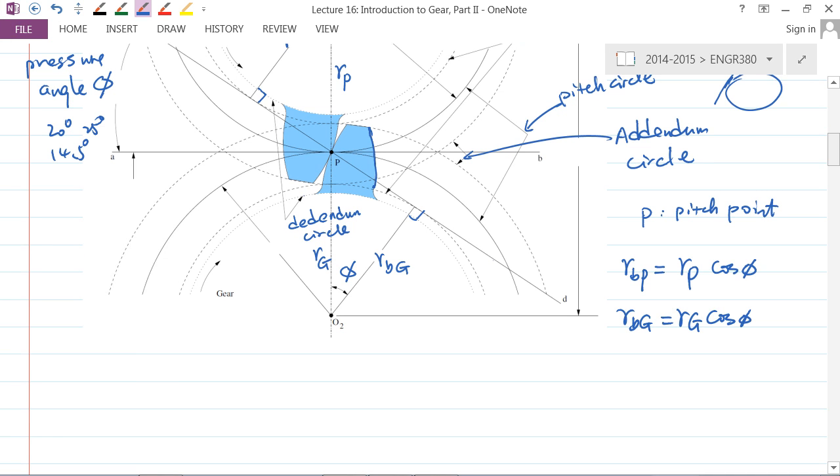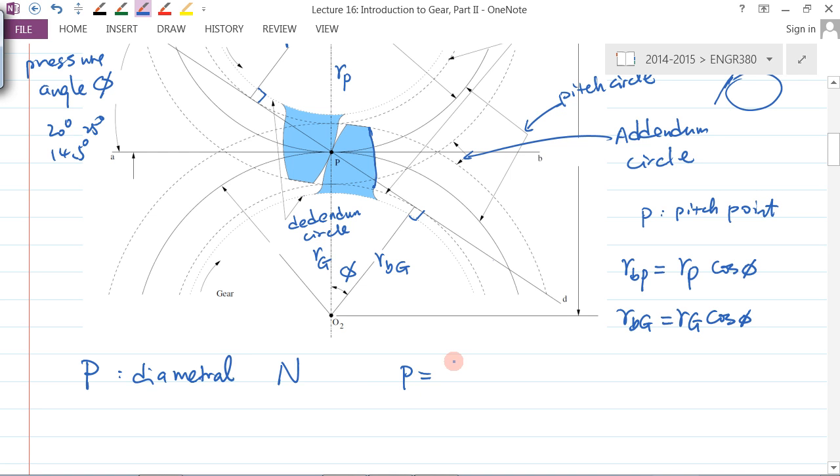Remember in the previous lecture I said the pitch circle is an important circle because every other calculation is based on it. So you always start with the diametral pitch and the number of teeth.